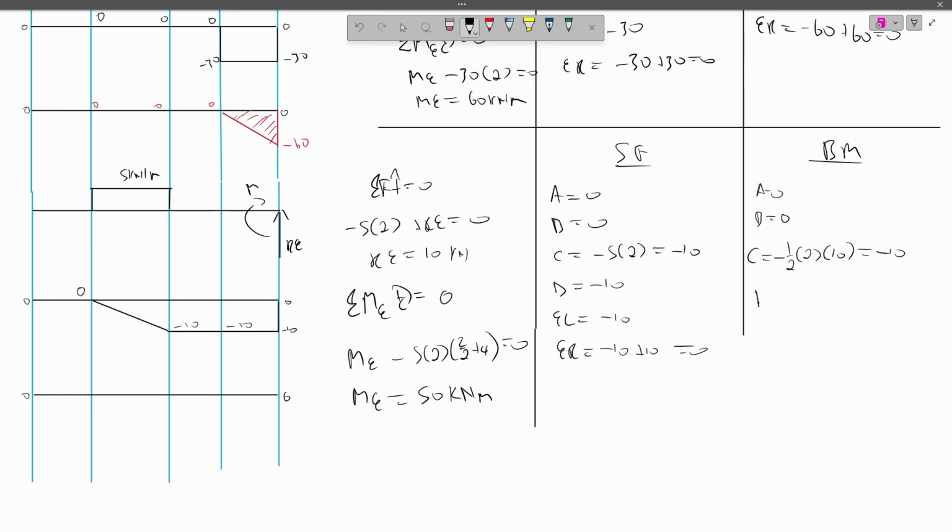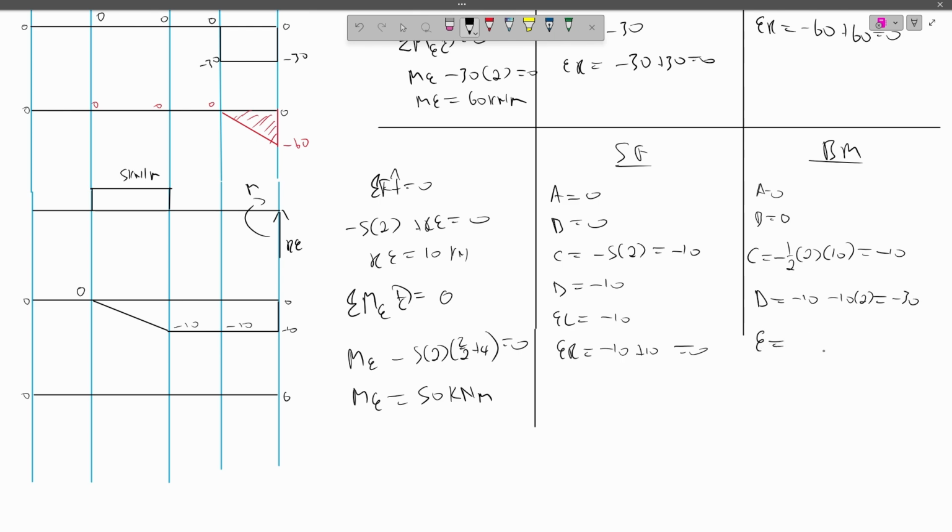And then our D will be minus 10 times 2, which should be minus 30.